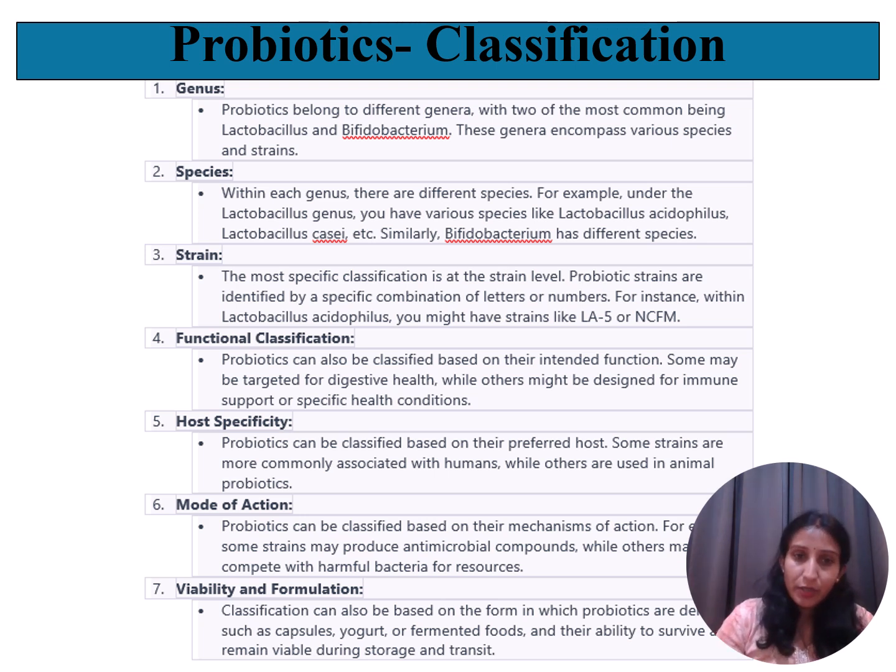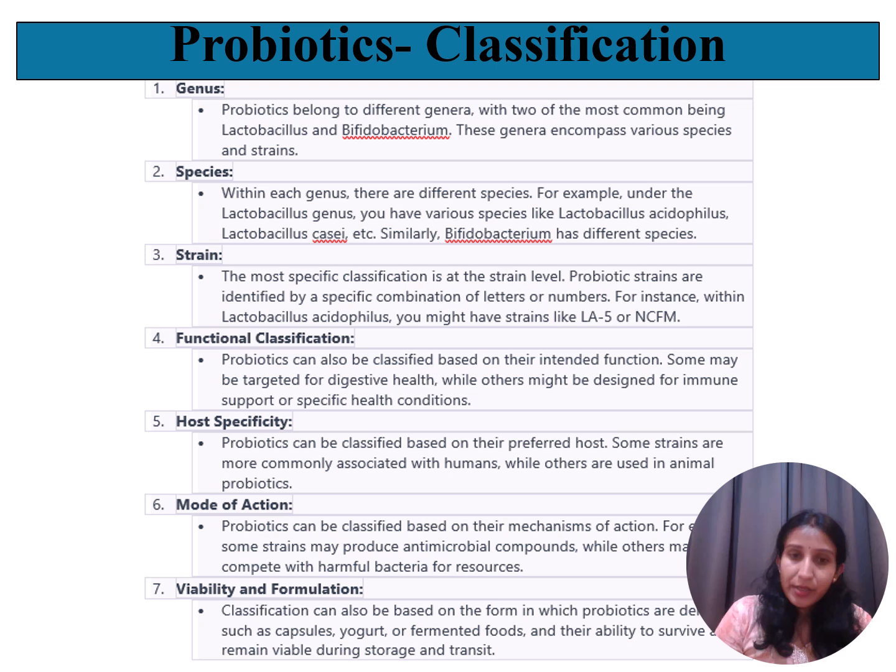The next classification is the functional classification. Here the classification is based on their intended function. Examples could be Lactobacillus which offers immune support, such as Lactobacillus acidophilus or Bifidobacterium genera, or lactic acid bacteria which offer neuroprotective benefits. So the classification is based on functional attributes rather than genus, species, or strain. The next classification is based on host specificity.